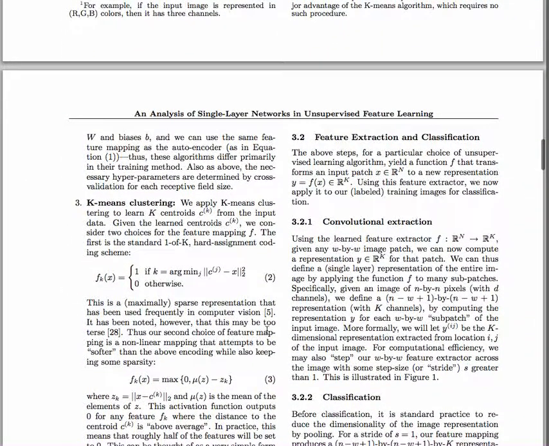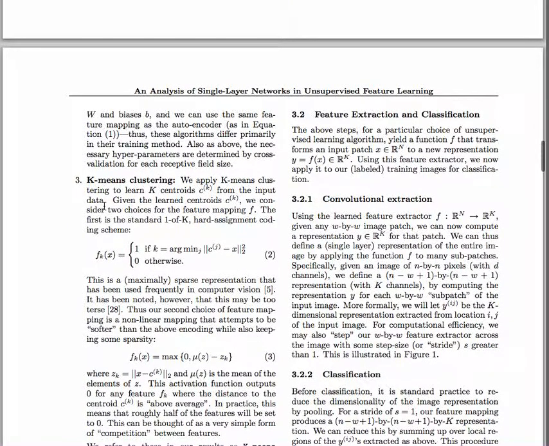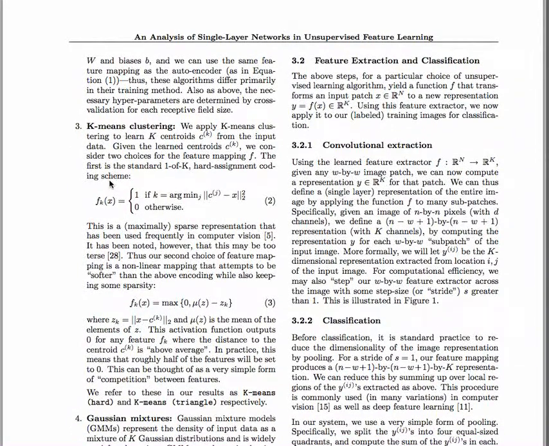So there's a section on clustering learning here, k-means clustering, where they tell you exactly how they worked things out. In particular, the difference between their paper and ours is that they used some kind of hard assignment nonlinearity, a triangle kind of nonlinearity that you can read here in section 3.